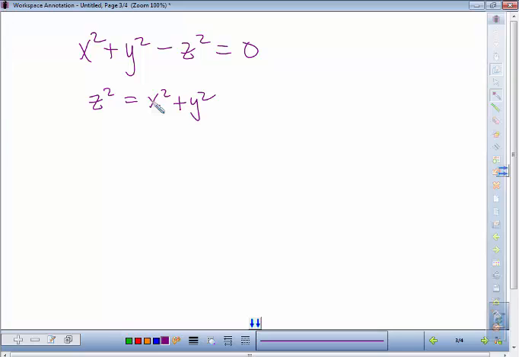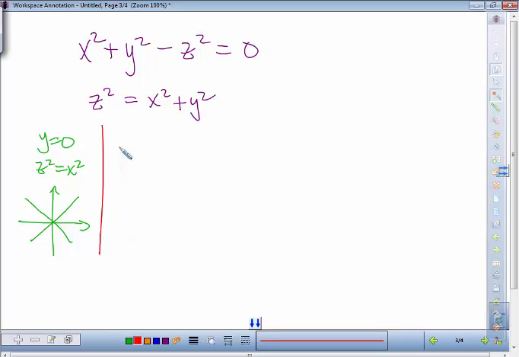So what is this? We should go through the same process. When y is equal to 0, I have z squared is equal to x squared, which is that x graph that we saw before, right? If you take the square root, you got z is equal to plus and minus x, so that's z is equal to positive x, z is equal to negative x. So those are two lines, actually.